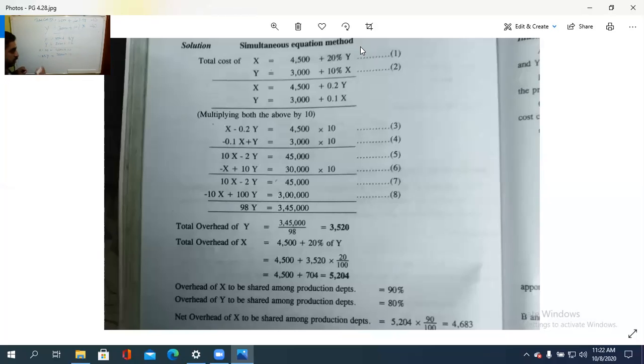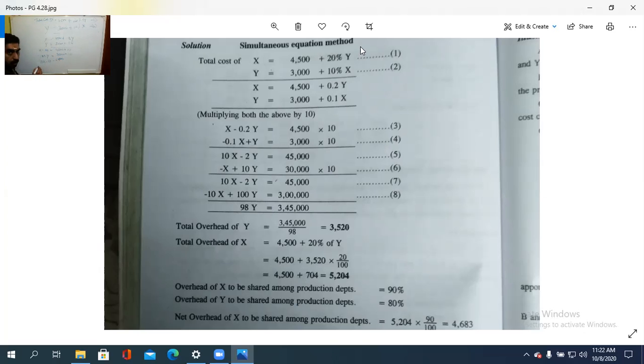Then next, with the equation part, multiply it with 10, so 10x minus 2y, because 0.2 becomes 2 itself when multiplied with 10. So it is already how much? 45,000. And here multiplied with 10.